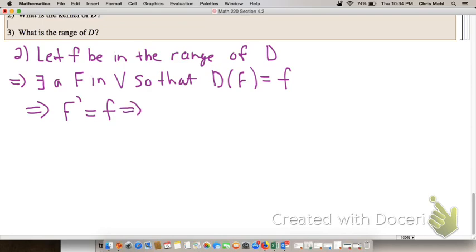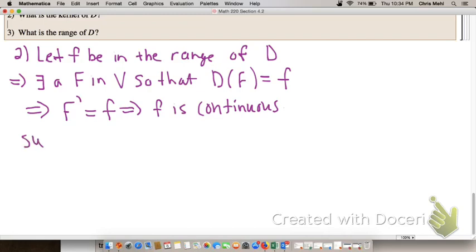So this implies that f is continuous. Okay, and I guess that was already something we knew anyways, because the codomain of this linear transformation is the set of all continuous functions on AB. Now, my claim here is that the range of D is just going to be the codomain. It's going to be the set of all continuous functions on AB.